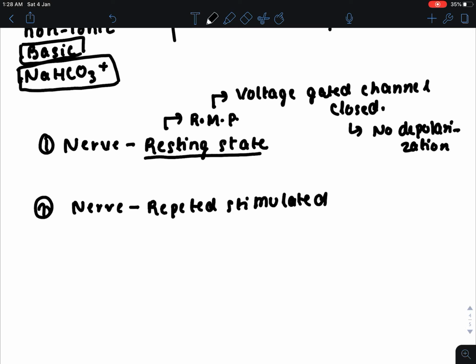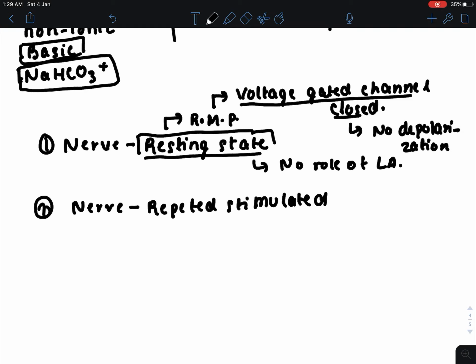And we all know that the local anesthetics act on the activated sodium voltage gated channel, but here since the voltage gated channel is closed, there will be no role of local anesthetics when the nerve is in resting stage.